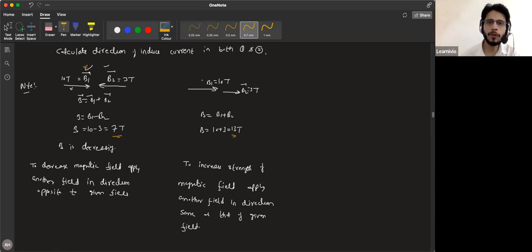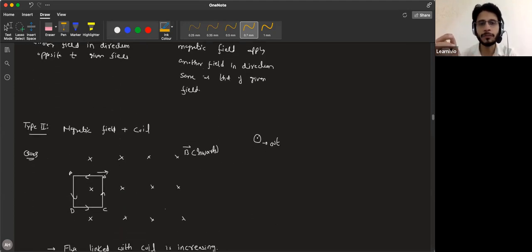If you have a magnetic field in one direction, and I ask you to apply another magnetic field so that the net magnetic field increases, you will apply another magnetic field in the direction of the first magnetic field. So the summary is, if two magnetic fields are acting in opposite directions, then the net will decrease. If they're acting in the same direction, then the net will increase.